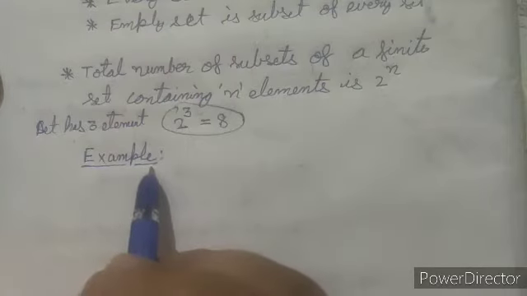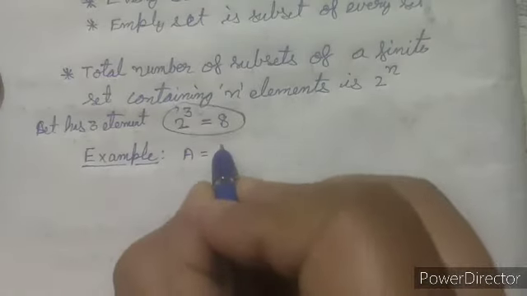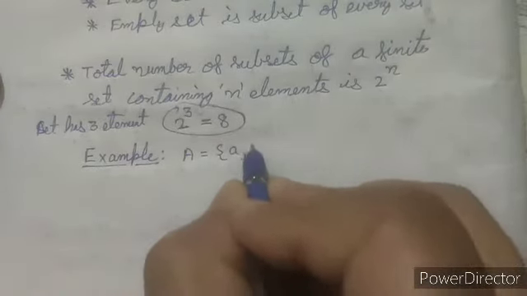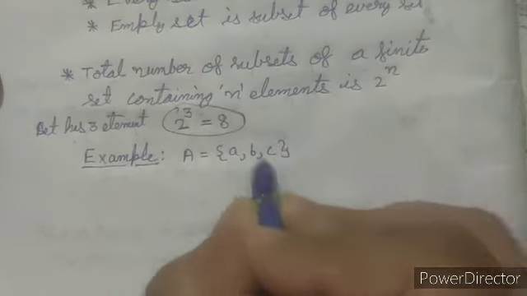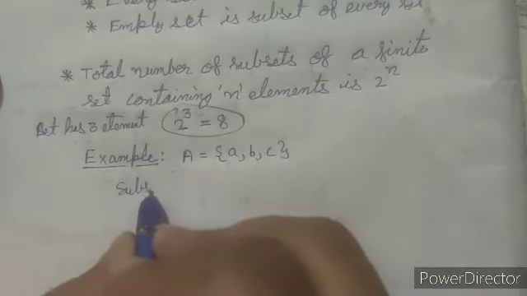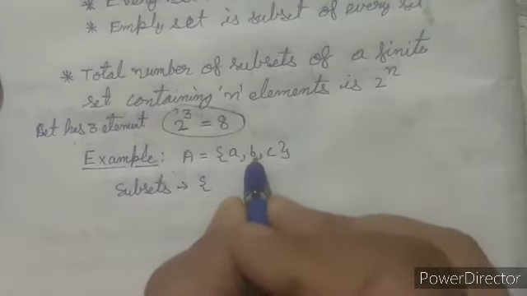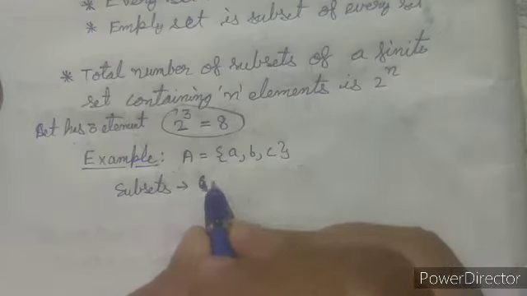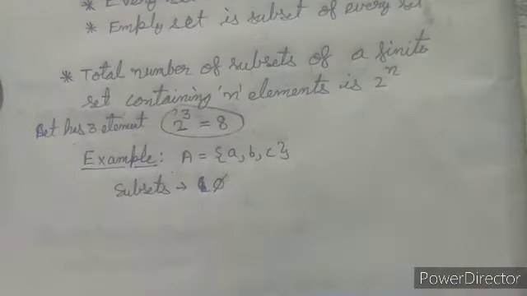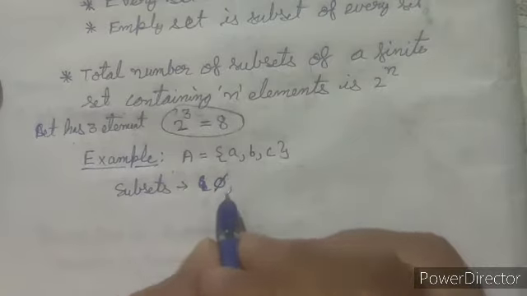Let us understand this with the help of an example. Suppose there is a set A and it has 3 elements a, b and c. Then the subsets of A will be: as we know that the null set is a subset of every set, its first subset will be the null set.